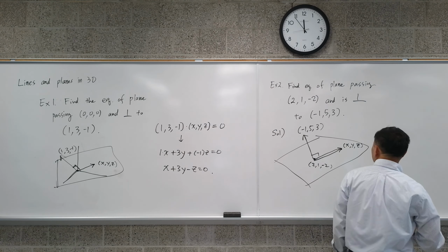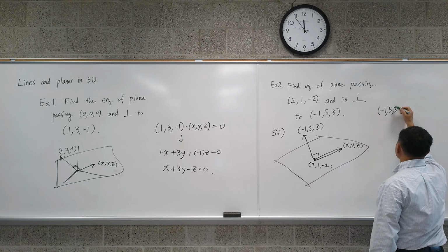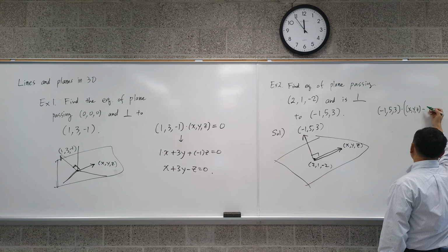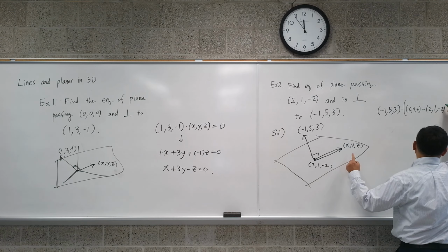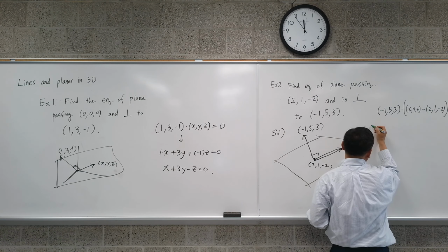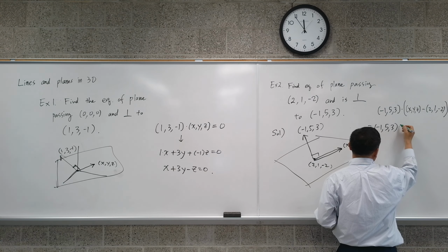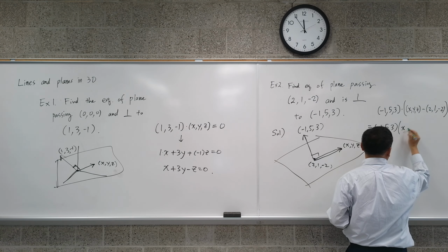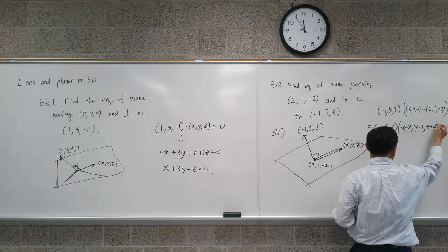So what we have to say is that negative 1, 5, 3 dotted with this new vector, which is x, y, z, minus, that's the terminal, minus the initial, which is 2, 1, negative 2, has to equal 0. And let's see what that is. That's equal to negative 1, 5, 3 dotted with x minus 2, y minus 1, and z plus 2.